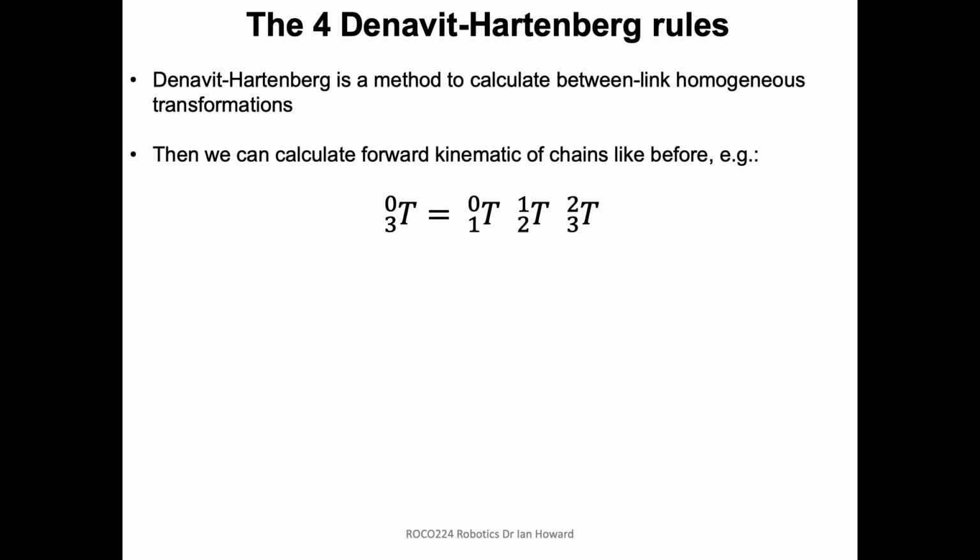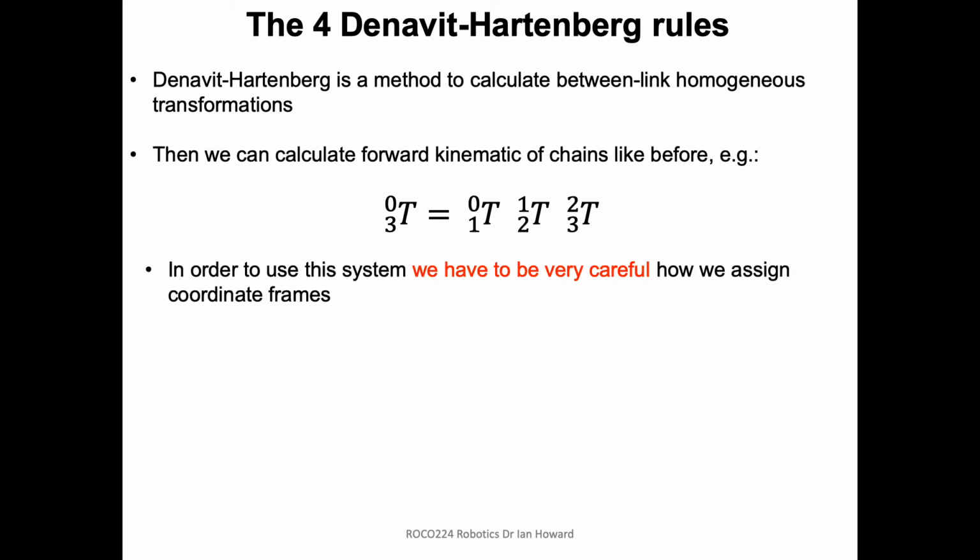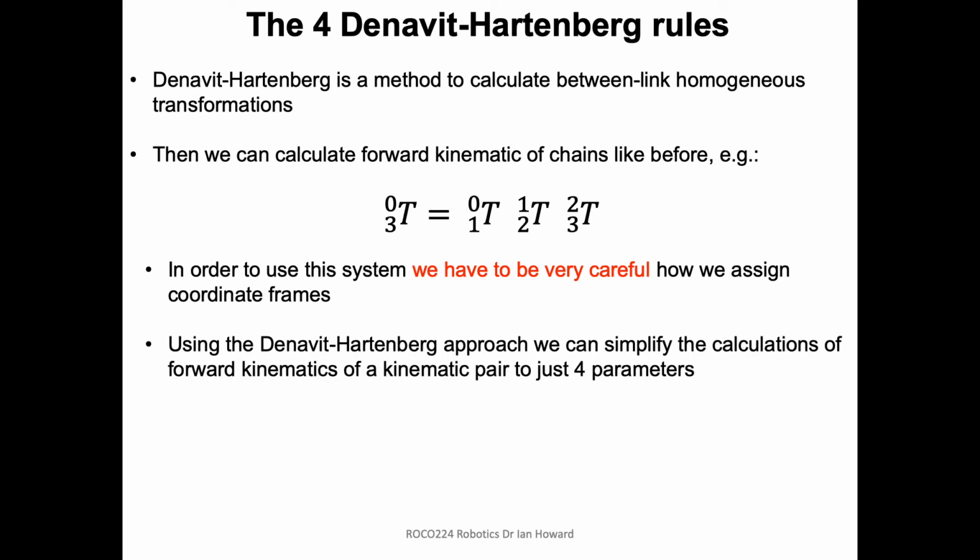We're just getting them in a slightly different way than looking at it from first principles. So just like we did before, if you want to work out the overall forward kinematics 3 to 0 of a mechanism, we can do it in stages, go 3 to 2, 2 to 1, 1 to 0, and multiply them together because they're homogeneous transformations, and that's the beauty of it. But we do have to be careful how we assign the frames, but we've already been using that approach anyway for this module, just to make life easier.